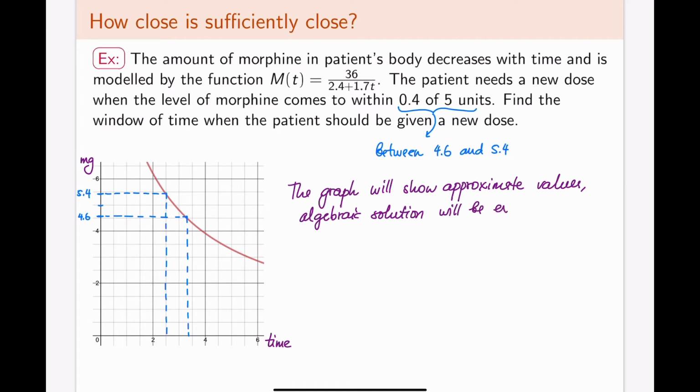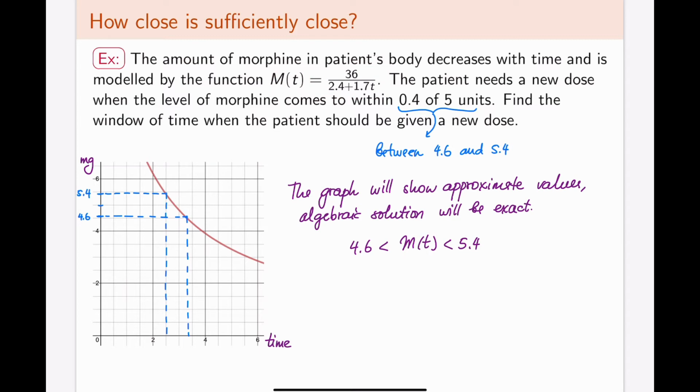So what do we want for the algebraic solution? What we want is the amount of morphine, which is m of t, to be, as we decided, between 4.6 and 5.4. So we need this value to be bounded by the inequality on both sides, between the smaller value and the larger one. I can then replace this m of t with its corresponding formula.